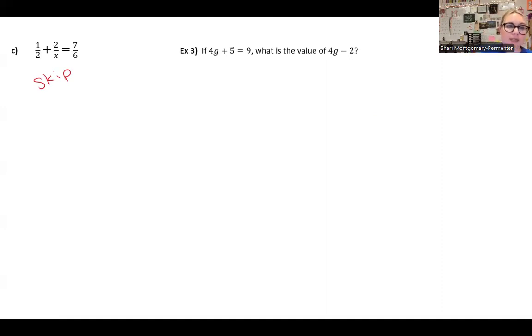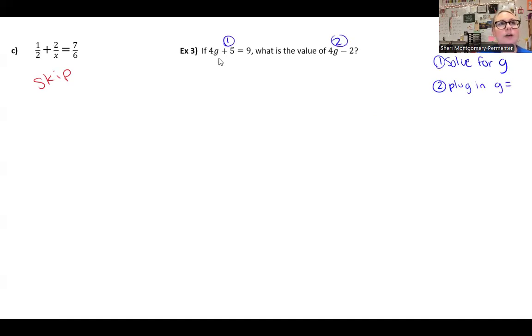So the first step is going to be solve for g. That's what we have to do first. Step number 1, solve for g. And then the next thing that we're going to do is plug in g equals. So this is going to be our first step. This is going to be our second step.